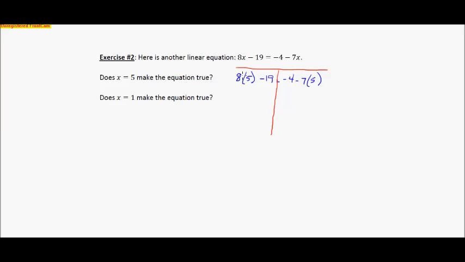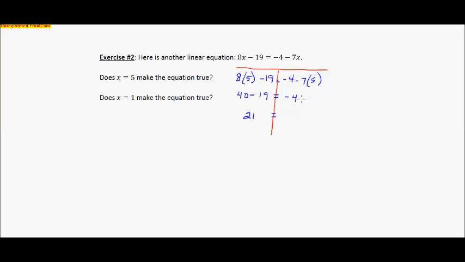So simply do the math over here. 8 times 5 is 40. And if I do the next step, 40 minus 19 gives me 21. And I'm going to bring down the other side. Now be careful of your negatives here. This is negative 7 times 5, so I'm going to bring down this negative 4.